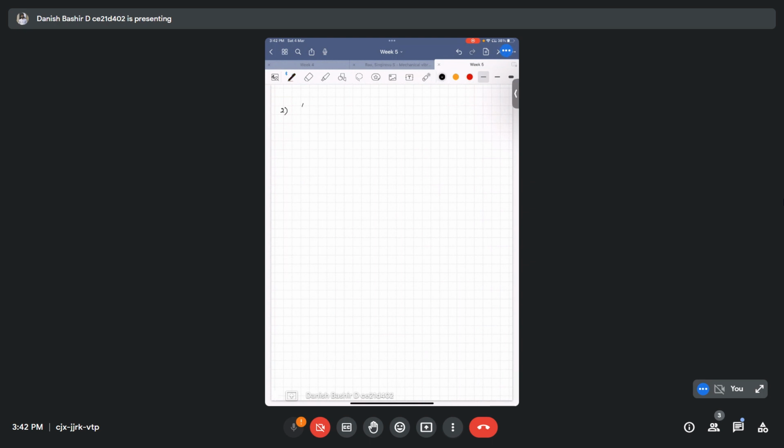Second case is response to a rectangular pulse.